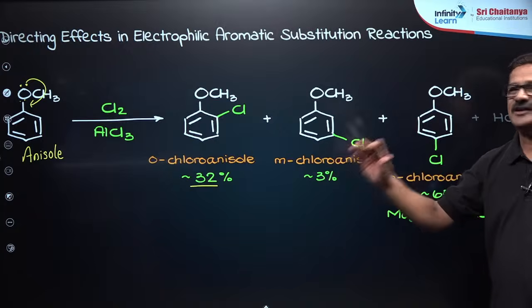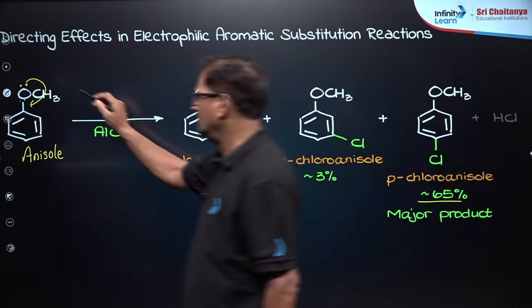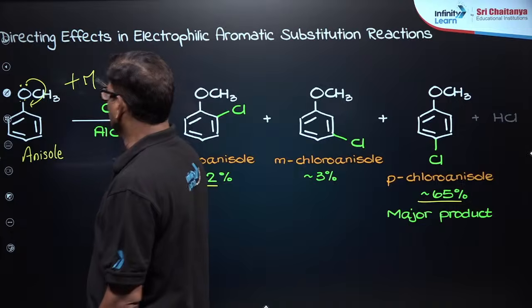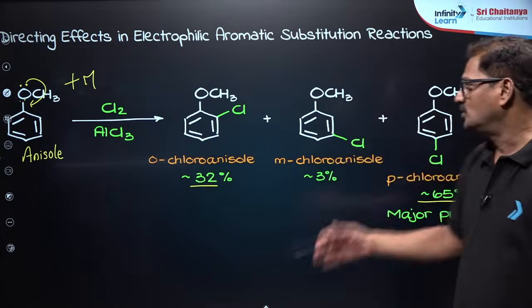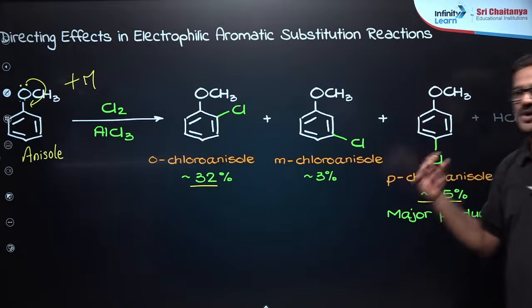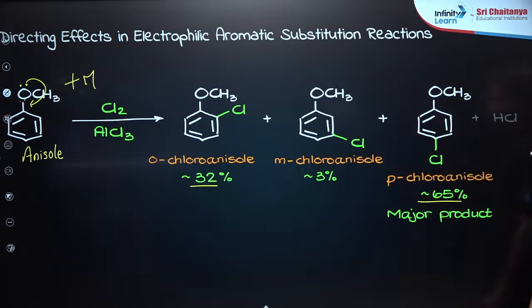Whenever an electron releasing effect is there, it could be usually positive resonance effect or positive mesomeric effect, you are going to get ortho and para directors, and these are due to reactivity, the ring is more activated, and ortho and para directing.